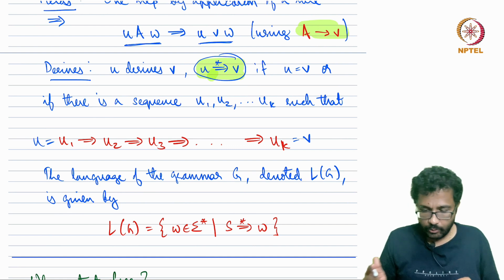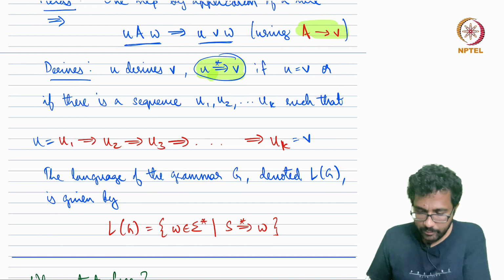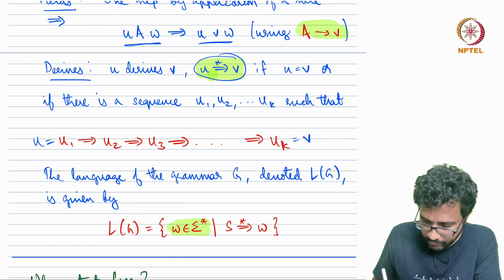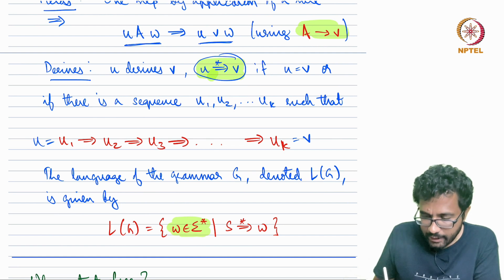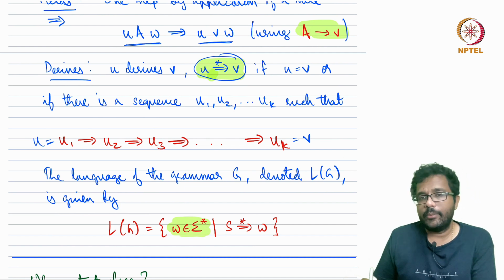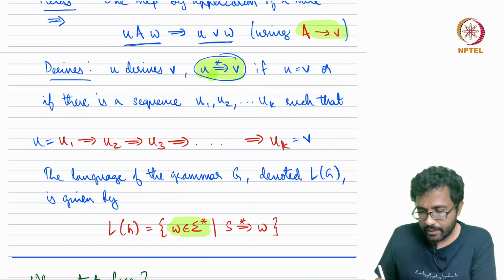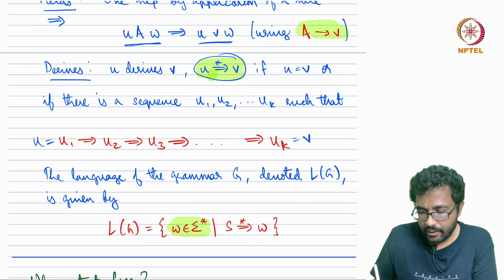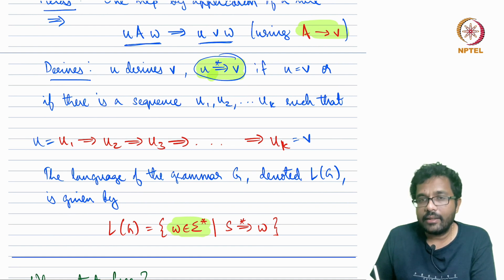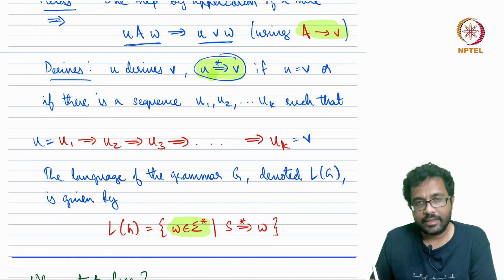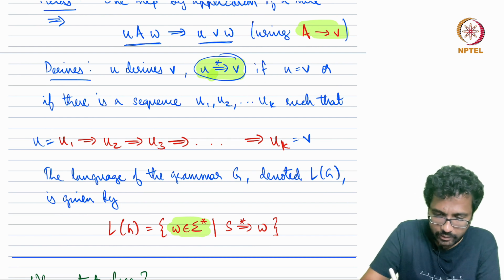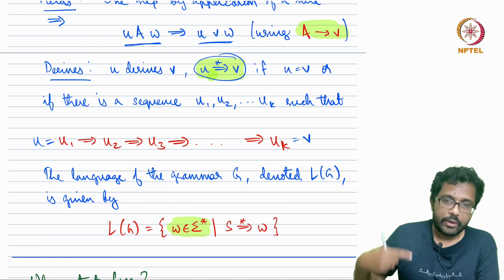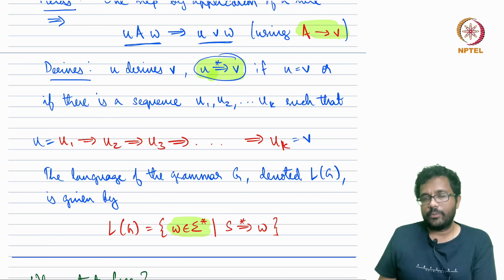Once again, the language of the grammar is the set of all w from sigma star that can be generated, such that starting from the starting variable S you are able to repeatedly apply rules till we get w.